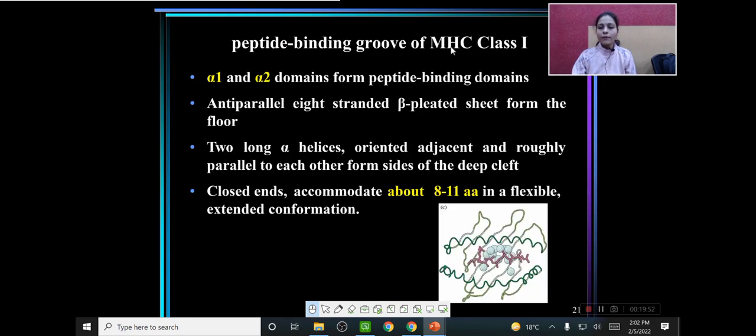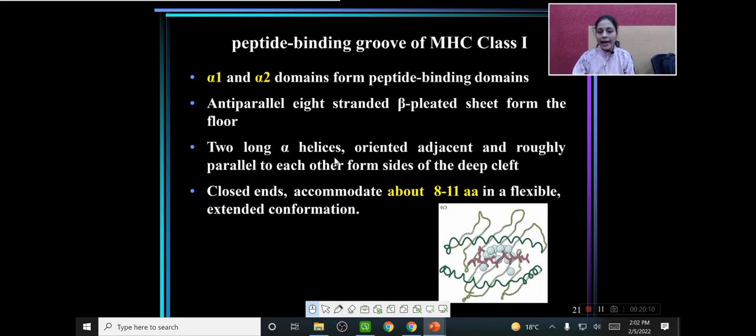Peptide binding groove of MHC class 1 molecule. Alpha 1 and alpha 2 domains form the peptide binding domain. An anti-parallel 8-stranded beta pleated sheet forms the floor.